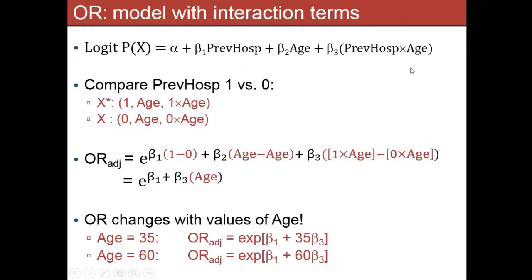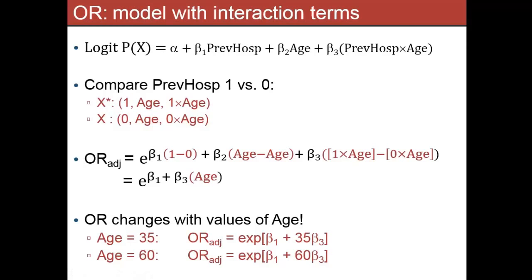And so the odds ratio expression is still the same idea in some sense, in that you're comparing a numerator versus denominator person. So let's say you wanted to know in this model, what's the effect of previous hospitalization, the exposure. Okay, so you can define one person, your X star person, as someone with a 1 for previous hospitalization. Age is whatever. We're going to keep it generic.